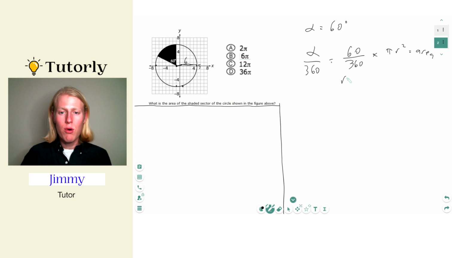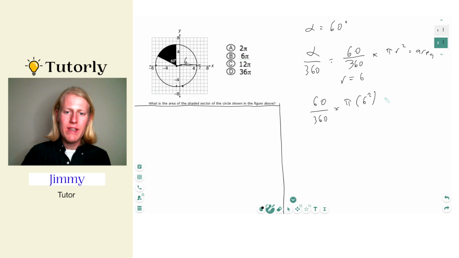So our formula gives us 60 over 360 times pi times 6 squared. We can simplify this. 60 over 360 simplifies down to 1/6.